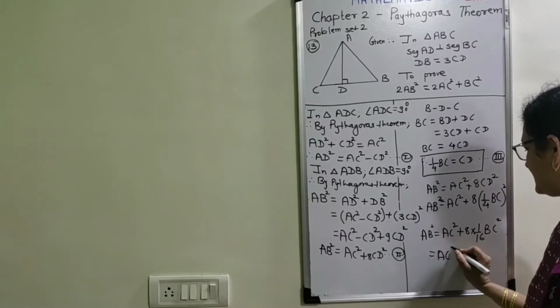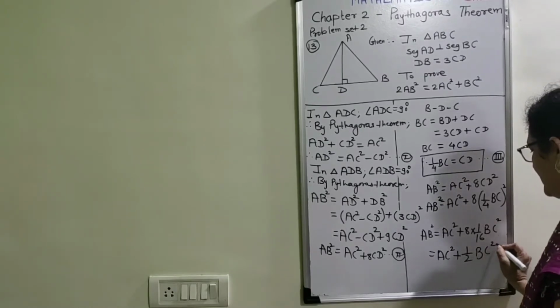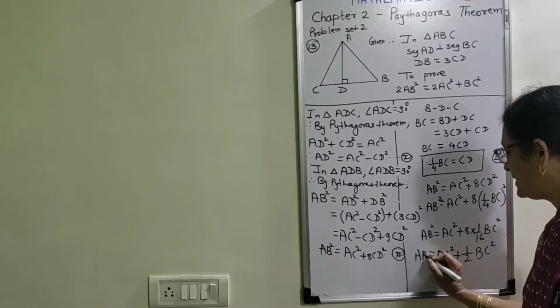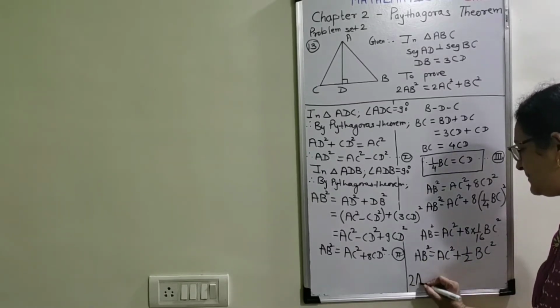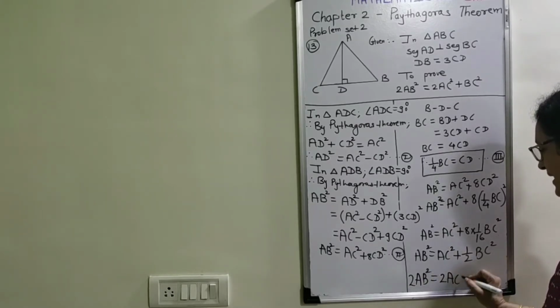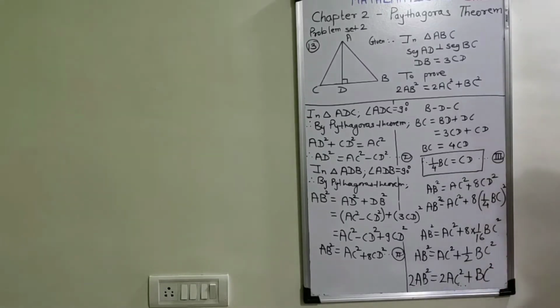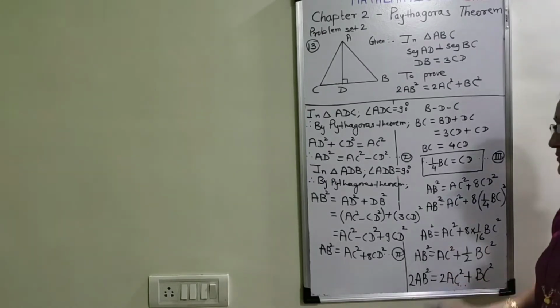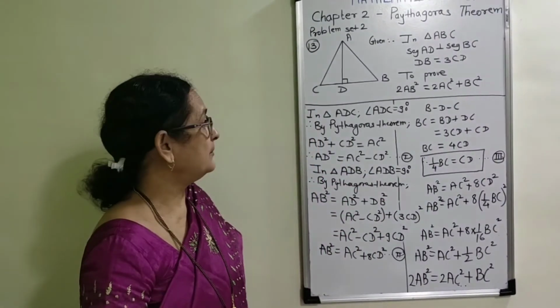We will get AC square plus 1 upon 2 BC square. Now the last step, since we don't want half here, multiplying both the sides by 2, we will get 2AB square is equal to 2AC square plus BC square. Now here we have completed our example number 13.